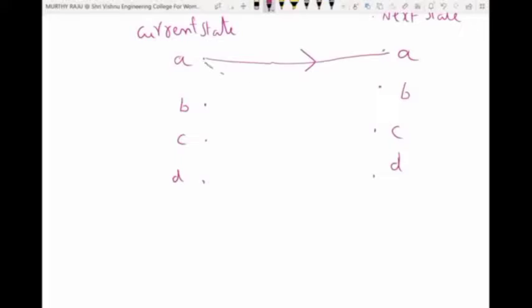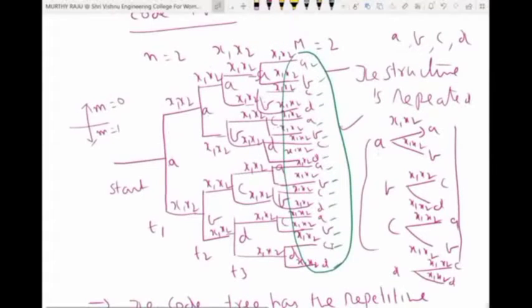And A to B, dashed line represents the input bit M is equal to 1. Here B, outputs X1, X2. This is the upward direction. Upward path means the input message bit M is equal to 0. Downward path means input message bit M is equal to 1.